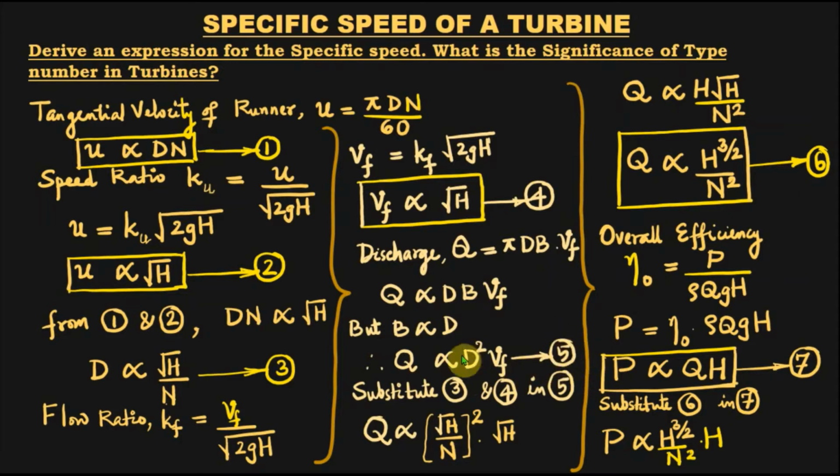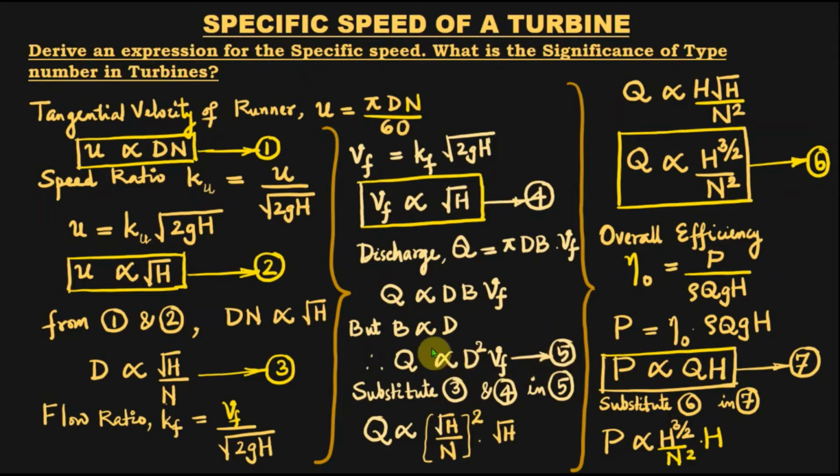Now we got an expression for the discharge in which we have the diameter of the runner and the flow component of velocity. See, already from equation 3 we got the proportionality for the diameter, and from equation 4 we have the proportionality for Vf. So now substitute 3 and 4 in equation 5.